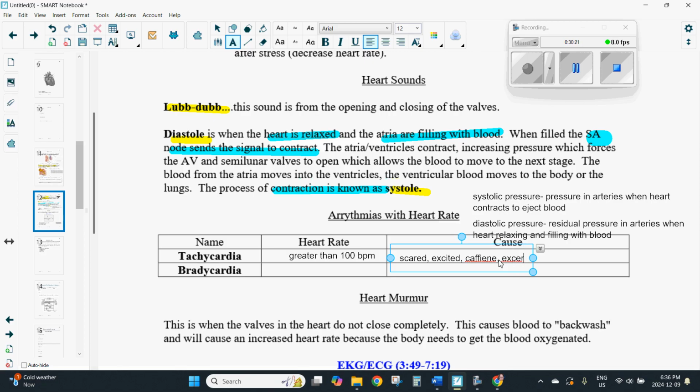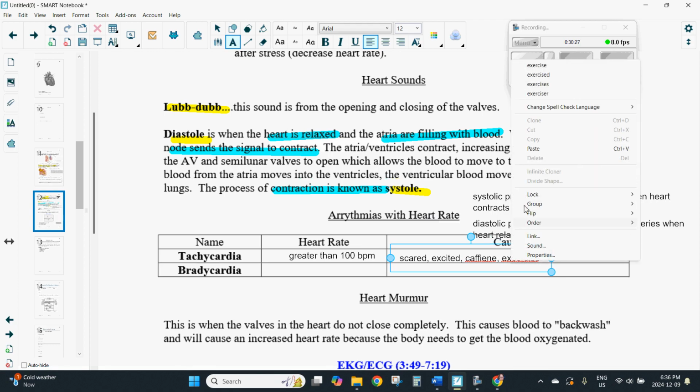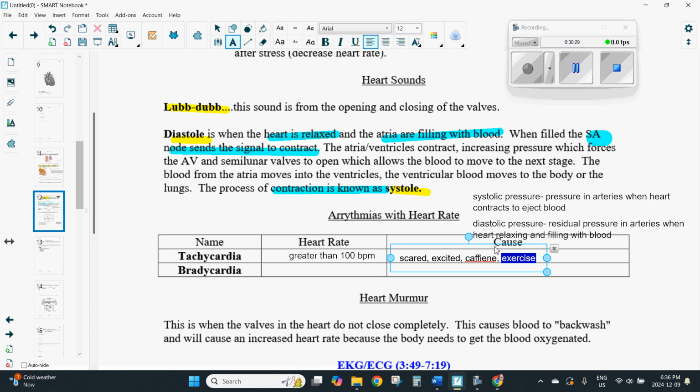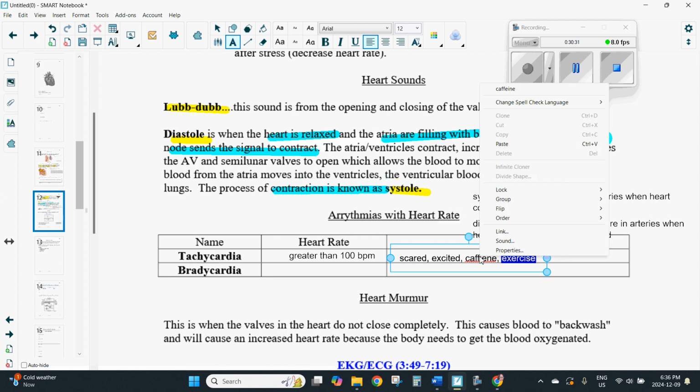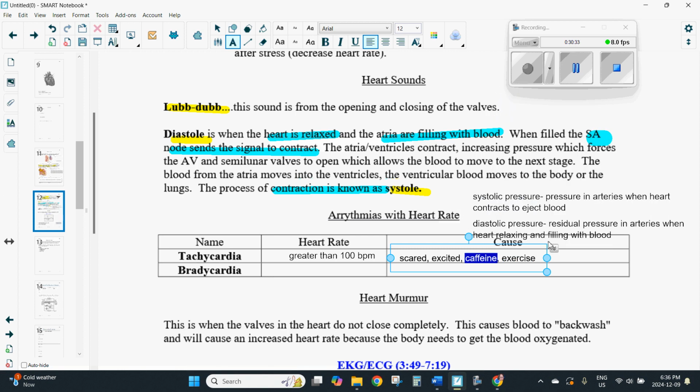And you may also have tachycardia with circulatory system disorders, again depending on the scenario.